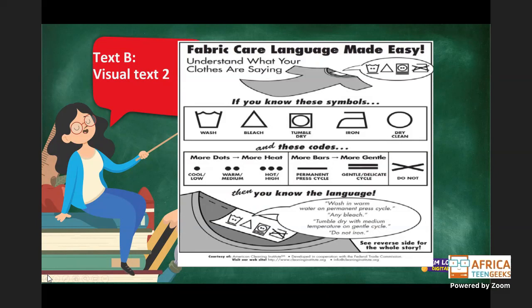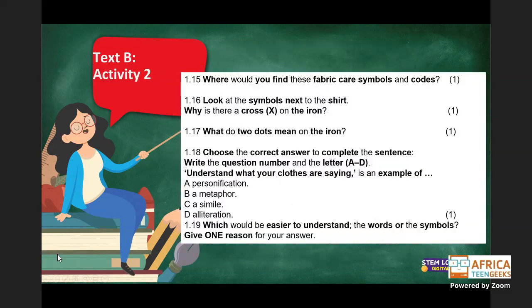So the question is, where would you find these fabric care symbols in clothes? We all see them. So where would you find them?